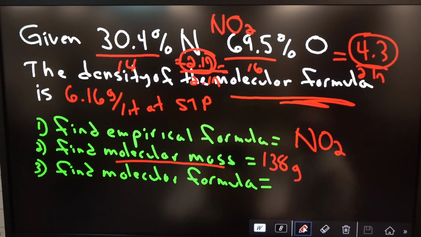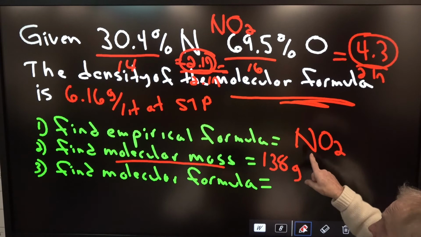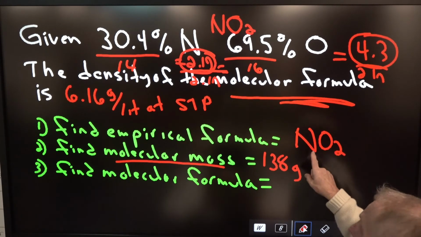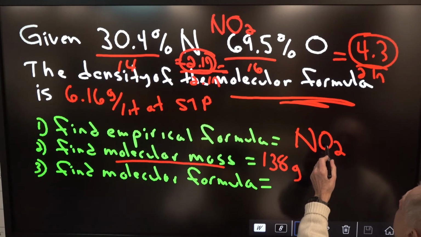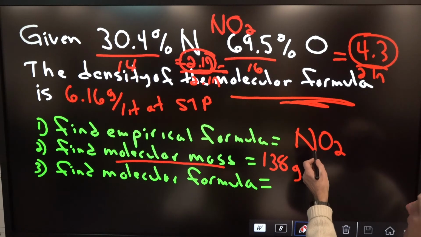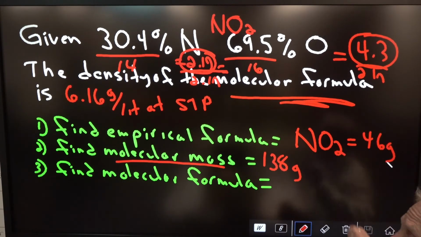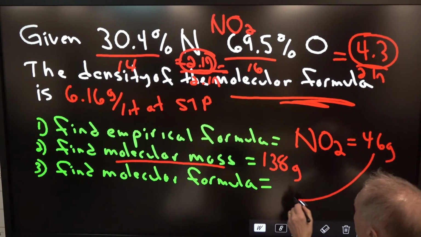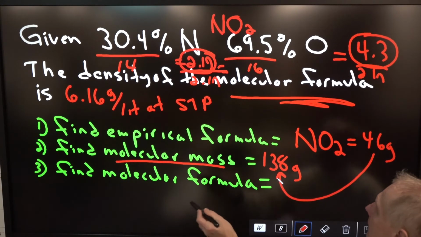Now, this is the best part. I've got the molecular mass, I got the empirical formula. Remember, you have to find the empirical mass and divide it into the molecular mass. So O2 is 32 and N is 14, that is 46. So the empirical mass is 46 grams. I just divide that into 138, and I come out with 3.